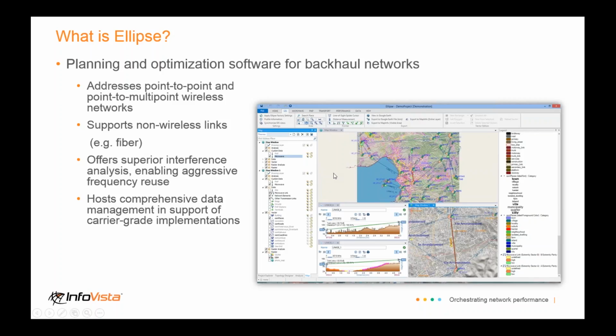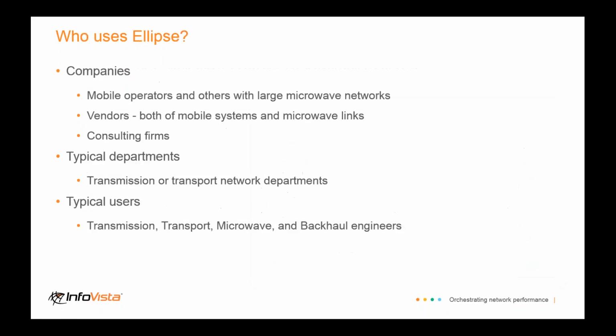And also there's a module that allows for automatic channel allocation or frequency planning, if you want to say it in a different way. It also hosts comprehensive data management in order to support carrier-grade implementation. So this tool is actually used by very large operators today.